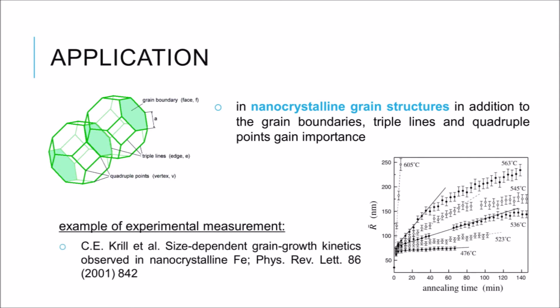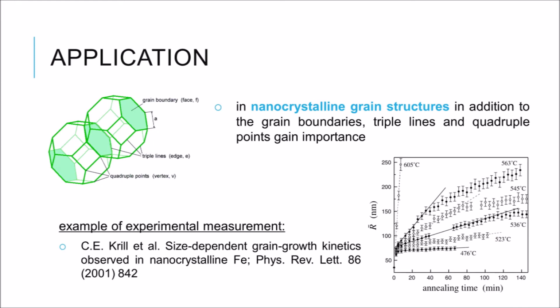Hence, you can see here an example of an experimental measurement where the average grain radius has been plotted as a function of annealing time for nanocrystalline iron. And what you see is that apparently after a very short initial period of time, there is a linear relation between average grain radius and annealing time.